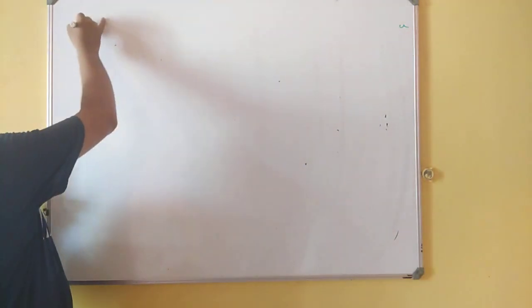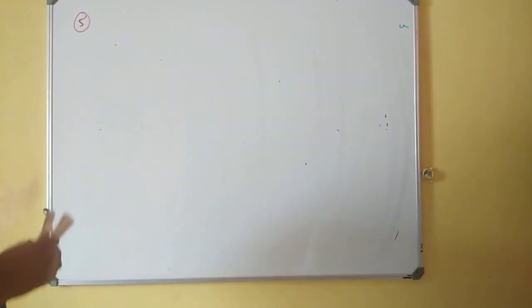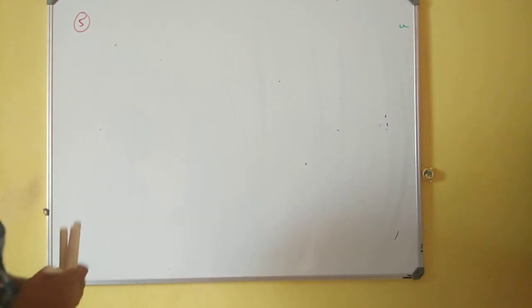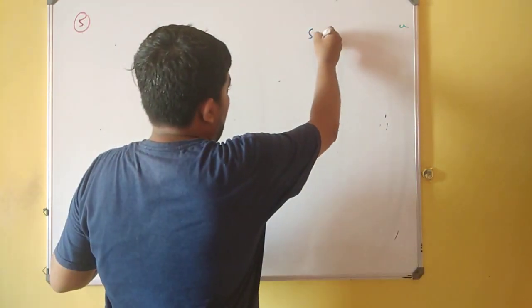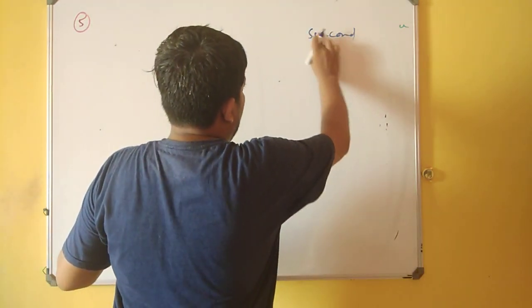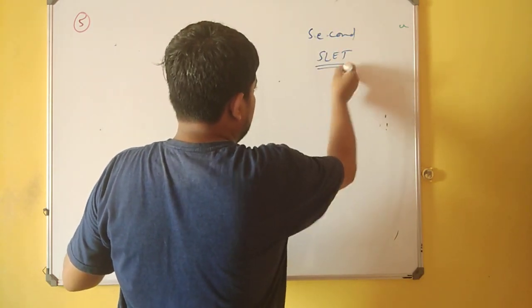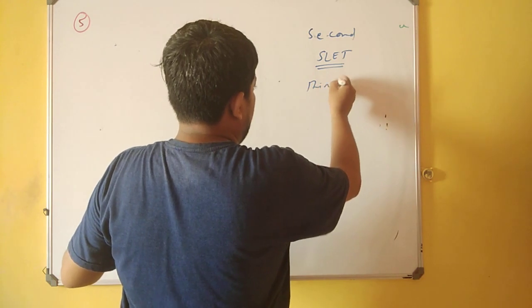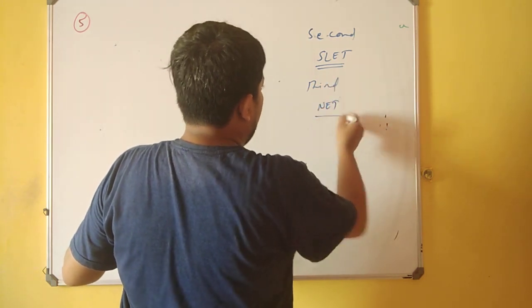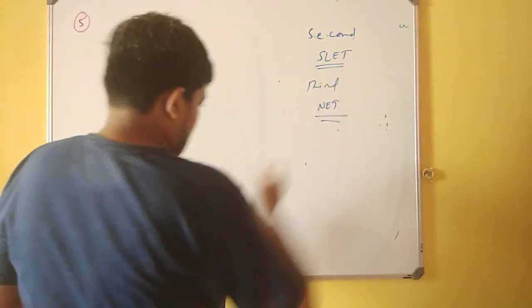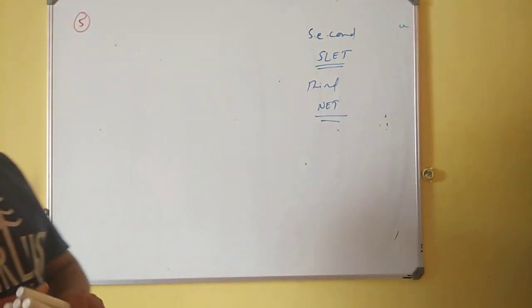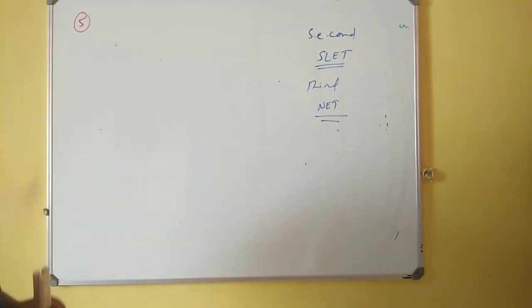Remember some few important things. Sometimes a very simple question has erupted every second year, at least in the SLET exams, every third time in the NET exams: which of the following is not the correct set of quantum numbers.